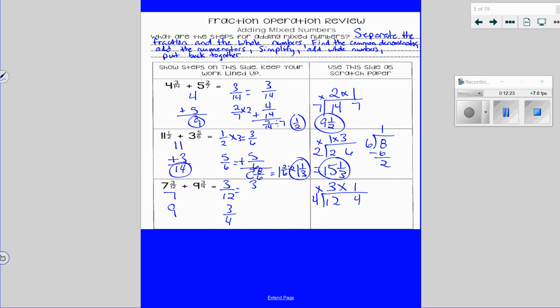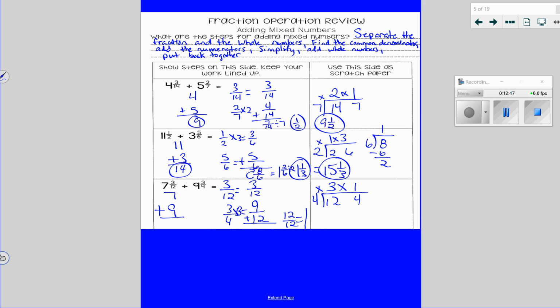So this one stays the same, 3/12. This one, what do I do to get to 12? Times 3. So 3 times 3 is 9. So 3/12 plus 9/12 gives me 12/12, and that makes 1 whole.